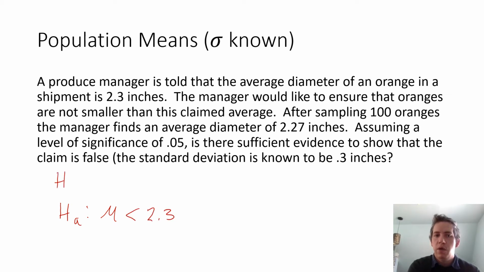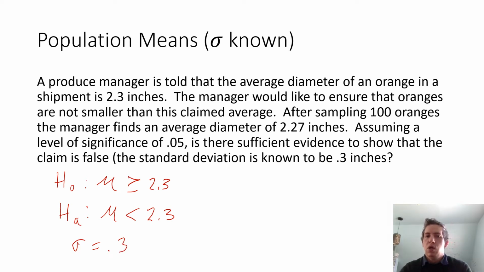Because we want to know whether or not we can reject the claim that the mean is equal to 2.3 inches, but we want these to be opposite. So we're testing the claim that the mean is greater than or equal to 2.3 inches. Now the standard deviation is given to us. The standard deviation is equal to 0.3 inches.